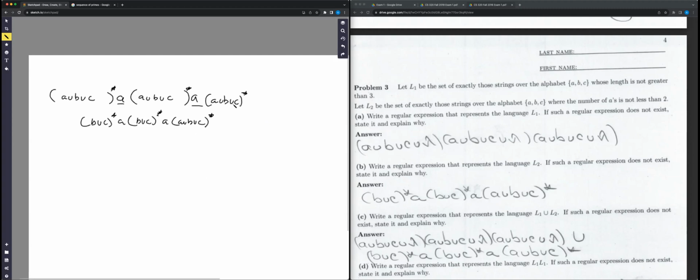I only do it because it makes it a lot easier. Can it just be A? No, right? Because what if I wanted something like B, A? If my regular expression is what you wrote, then you can't possibly get this answer. But this satisfies the rule, right? At no less than 2 A's.